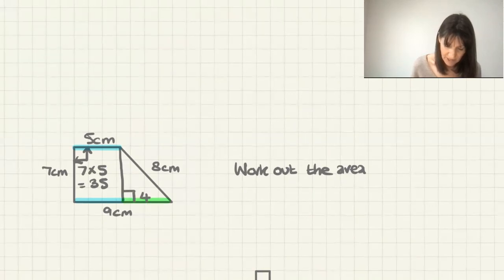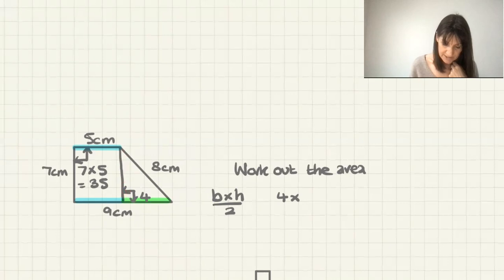This is the right angle for my triangle. So I've got to use base times height, and then I must half it. So the base is 4. I need to times by the height. The height is here. I'm pointing to it, which is 7. I'm getting it from over there. 4 times 7 is 28.